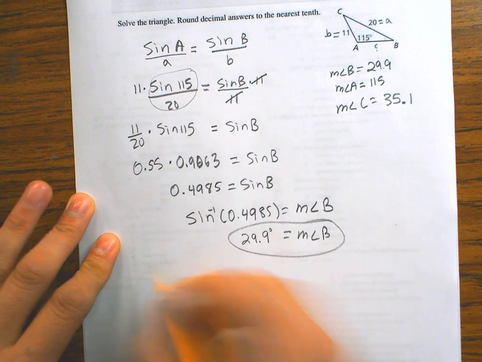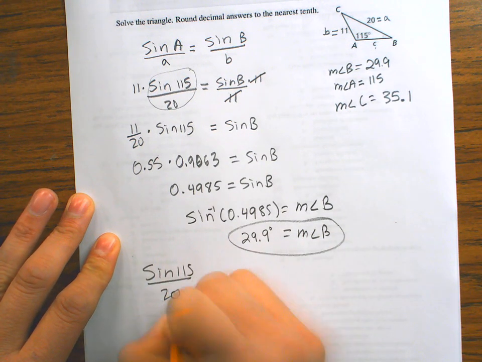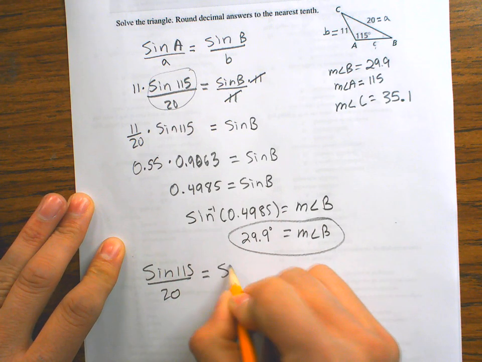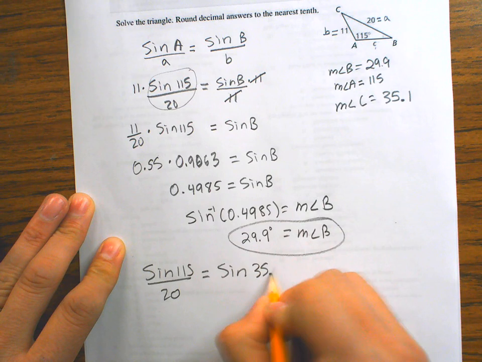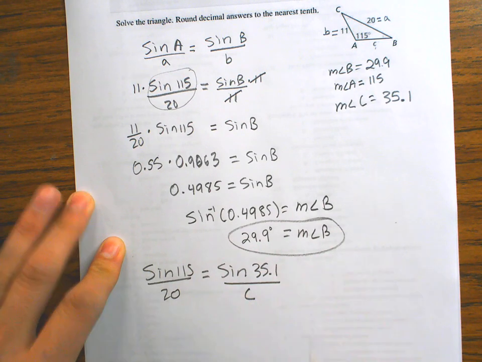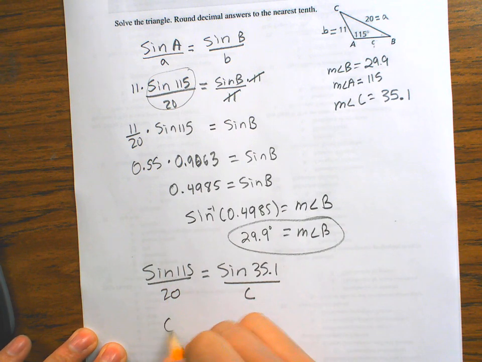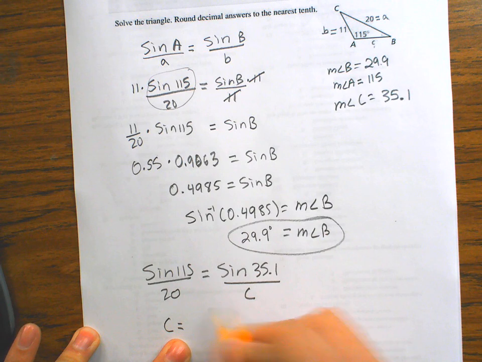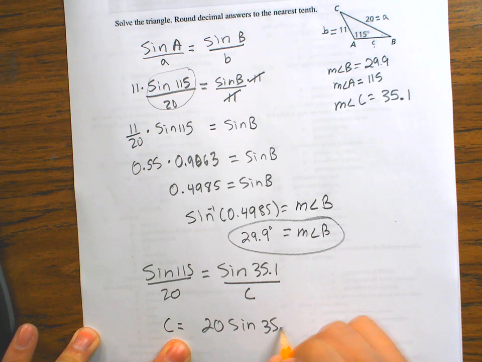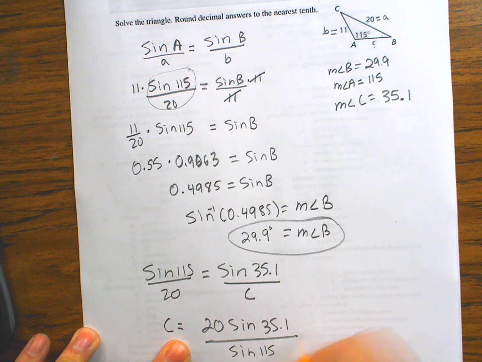I have the sine of 115 over 20 equal to the sine of C, which in this case is 35.1, over little c. Cross multiply and divide, and c is going to be equal to 20 sine of 35.1 over the sine of 115.